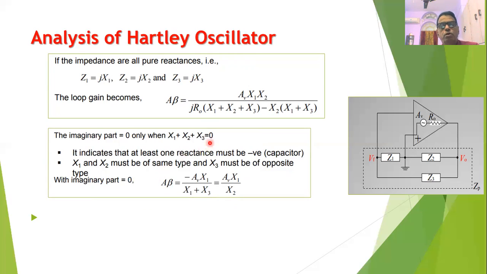So when we put X1 plus X2 plus X3 equal to 0 in the above expression, we can write the loop gain A beta as equal to minus A_V X1 divided by X1 plus X3. Because X1 plus X3 is nothing but minus X2, we can rewrite this equation as A_V X1 divided by X2.